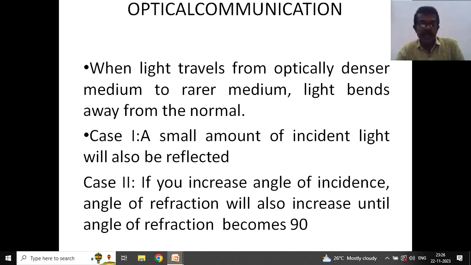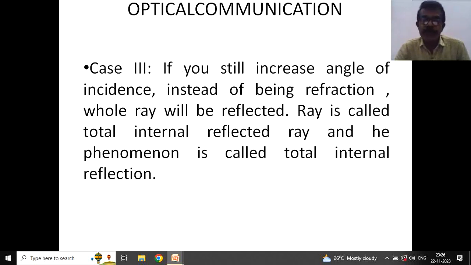Now, case two: you are going to increase the angle of incidence. Whenever the angle of incidence increases, the angle of refraction will also increase. You keep on increasing the angle of incidence, and the angle of refraction will also increase, until the angle of refraction reaches 90 degrees. Case three: if you still increase the angle of incidence, instead of refraction, the whole ray will be reflected. This reflected ray is called the total internal reflected ray, and the phenomenon is called total internal reflection.